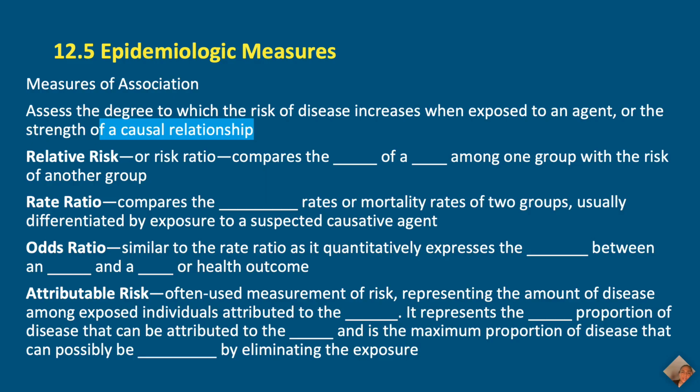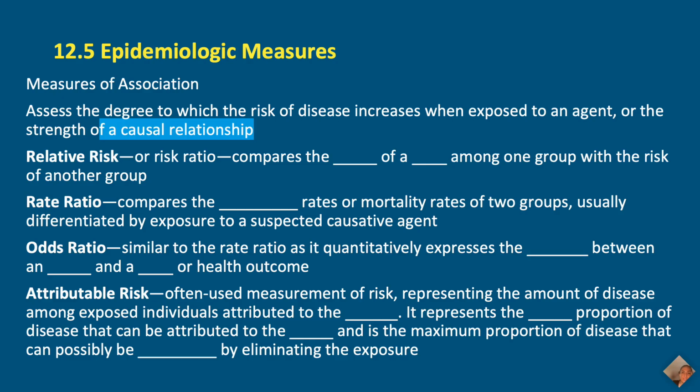So when we're looking at measures of association, we want to assess the degree to which the risk of that disease increases when it's exposed to an agent, or the strength of the causal relationship. So when you're reading these studies and you're looking at the data, you're going to see something called the relative risk. And if you get your PhD, you'll do this.